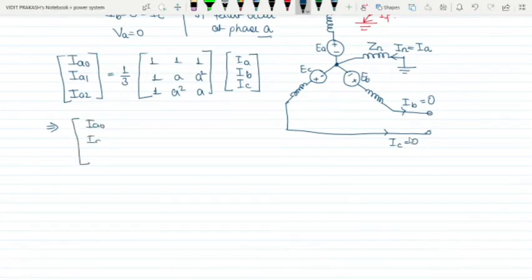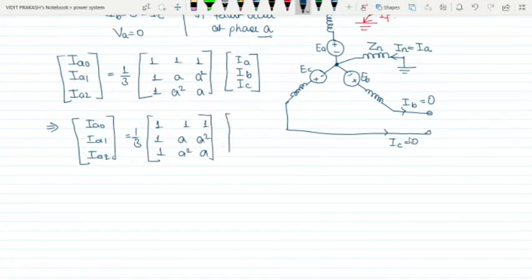IA0, IA1, IA2 will be equal to 1 by 3 times the matrix multiplied by IA, 0, 0.